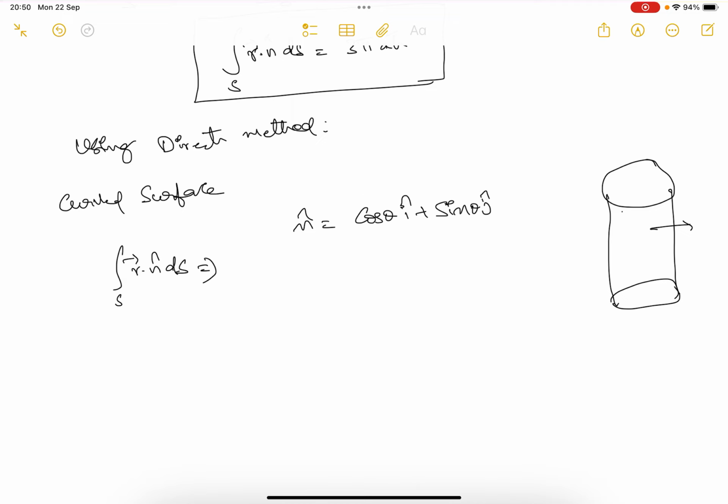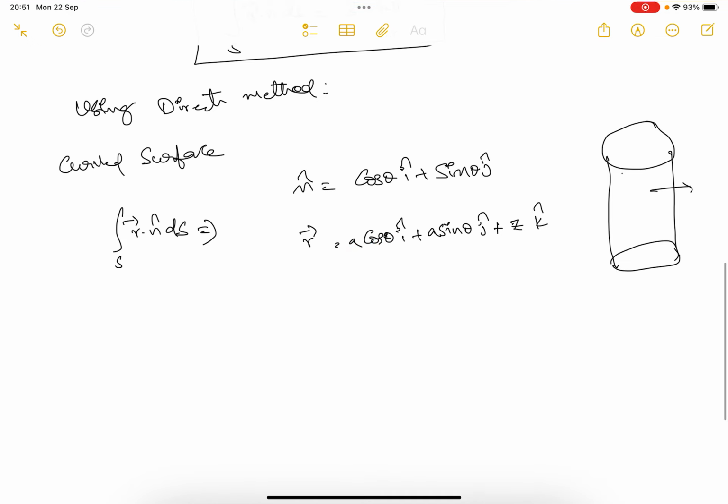And what about r bar, which is x, y, z? Here x is a cos theta because of radius a, so r bar is a cos theta i cap plus a sin theta j cap plus z k cap.